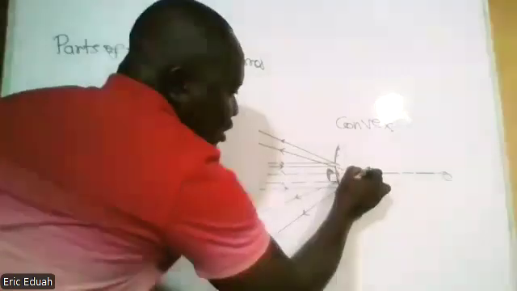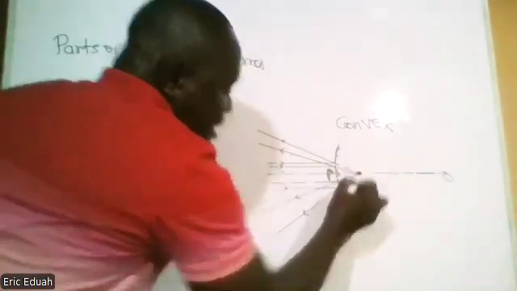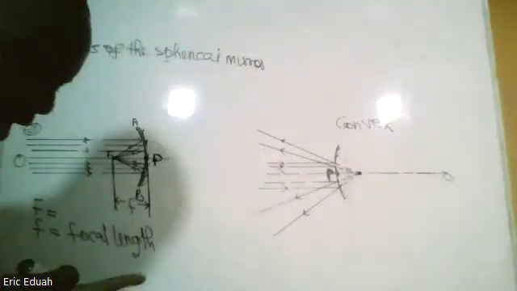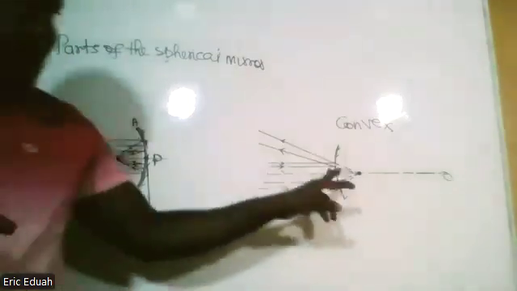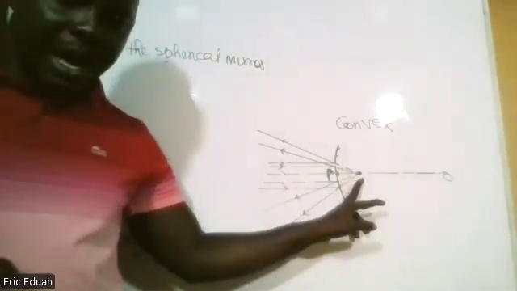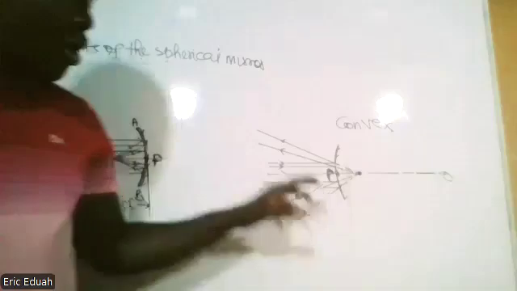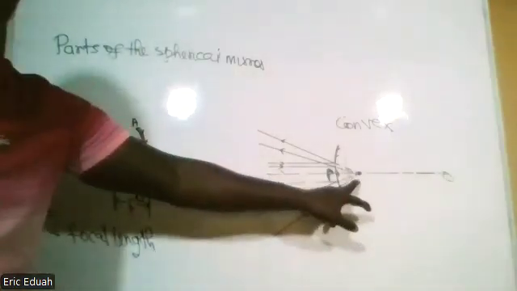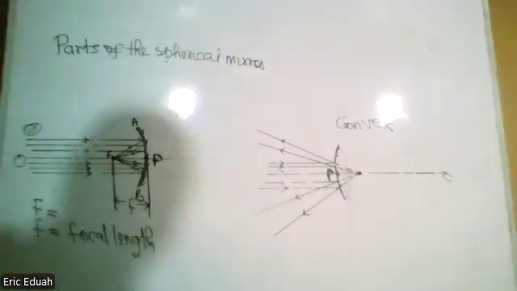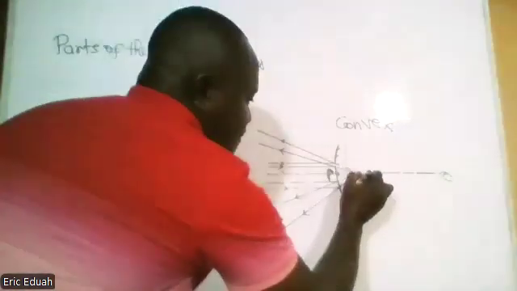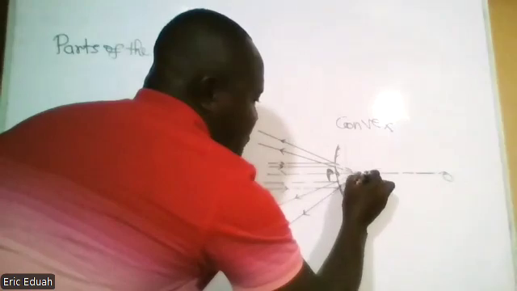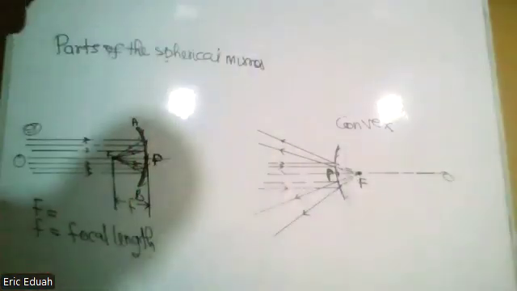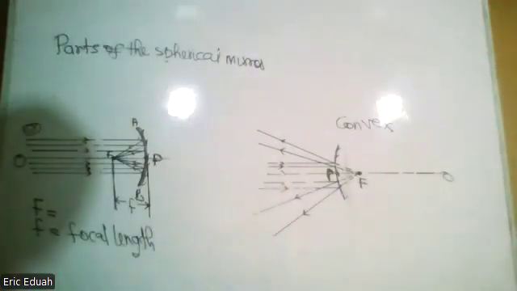So here, all diverted rays appear to be diverted from a point on the principal axis. This point is known as the principal focus.